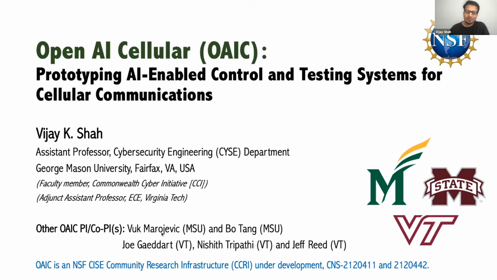So the other co-PIs, as you could see, Vuk, who is also a co-PI on the AERPAW, he leads the MSU team, the Mississippi State. And I was leading the Virginia Tech team while I was still at Virginia Tech. And now, given that I'm at Mason, things have changed a bit.